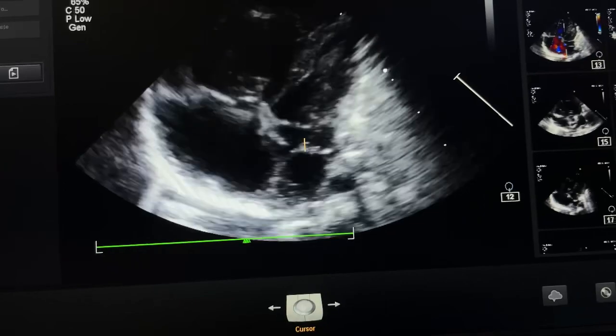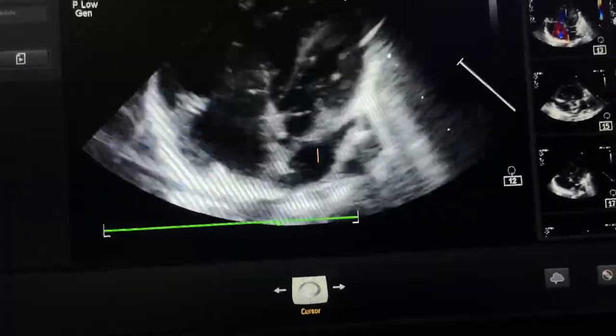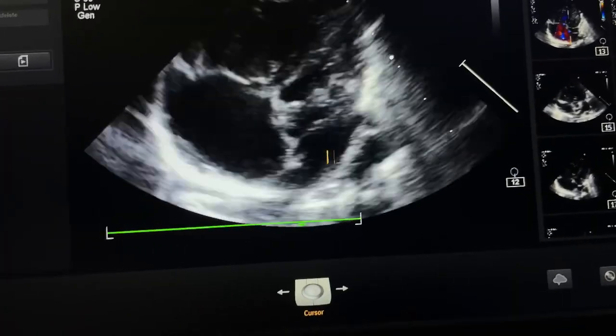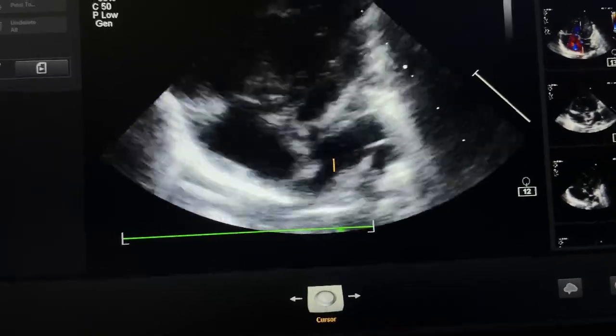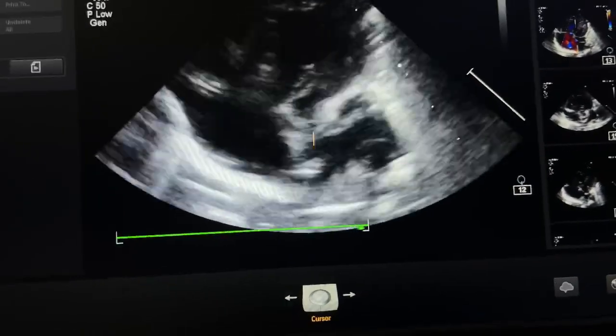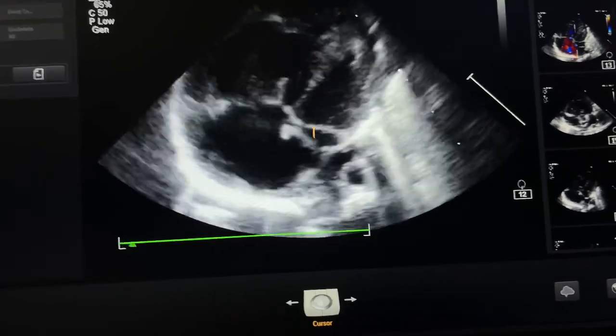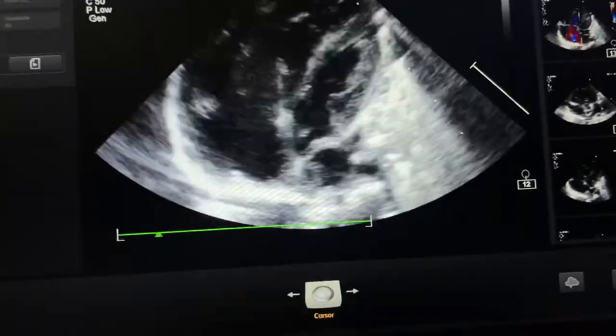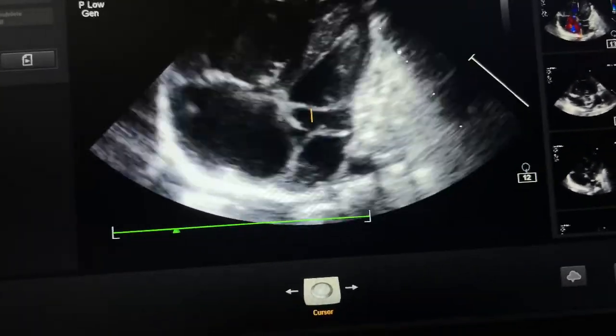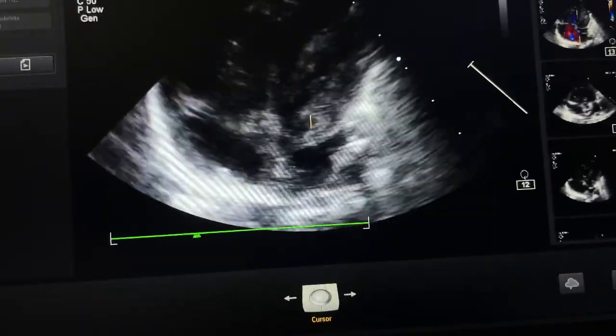So this is the left atrium, and this structure is superior to the left atrium. Any chamber-like structure just above the left atrium means the case has to be total anomalous pulmonary venous connection, where the pulmonary veins are not draining into the left atrium.